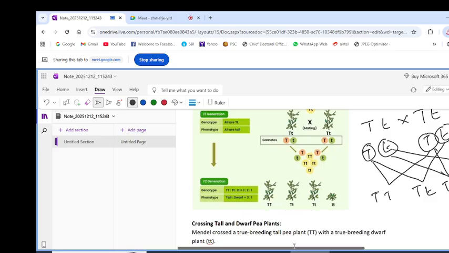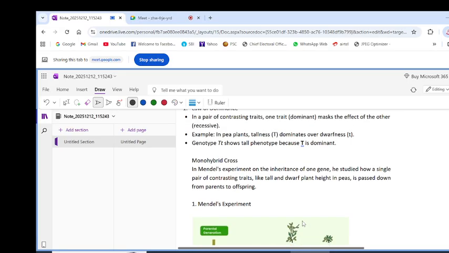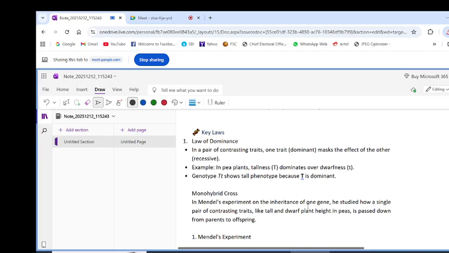So from these findings, he concluded that in a pair of contrasting traits, one trait masks the effect of the other. That means the dominant trait masks the other, recessive trait. This is applicable in every organism.